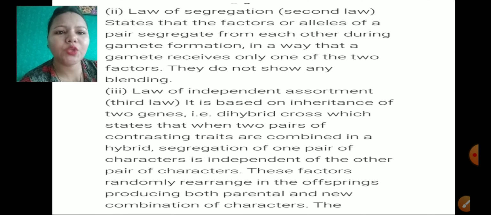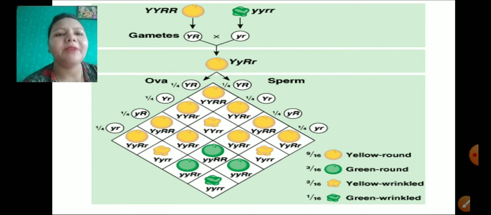In the dihybrid cross, when pairs of contrasting traits are combined in a hybrid, the segregation of one pair is independent of the other pair of characters. These factors randomly rearrange in the offspring, producing both parental and new combinations. So this is the law of independent assortment.